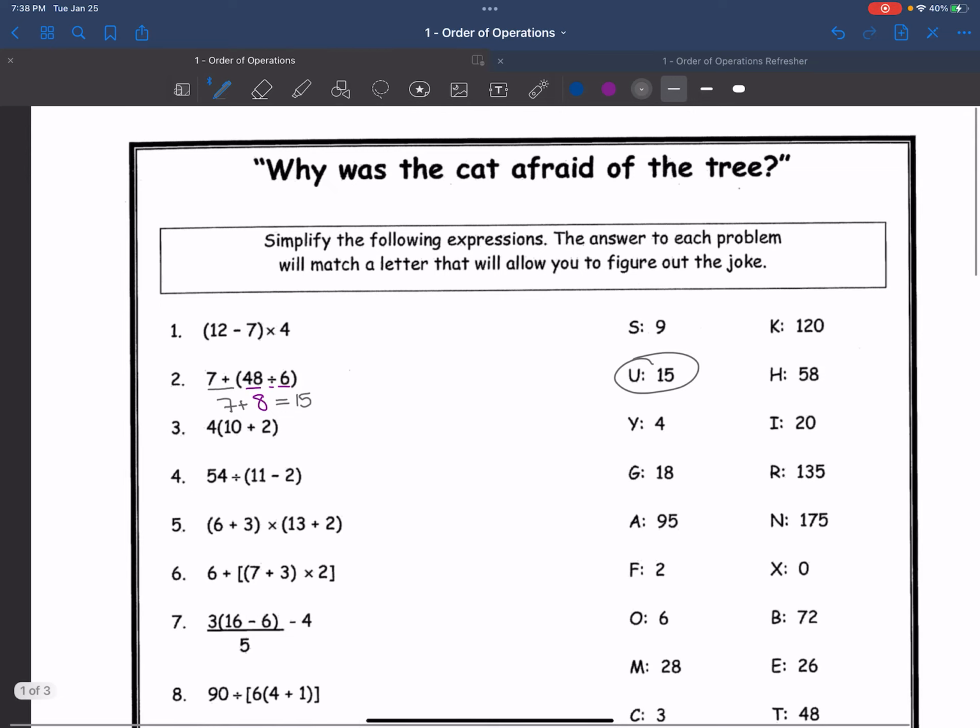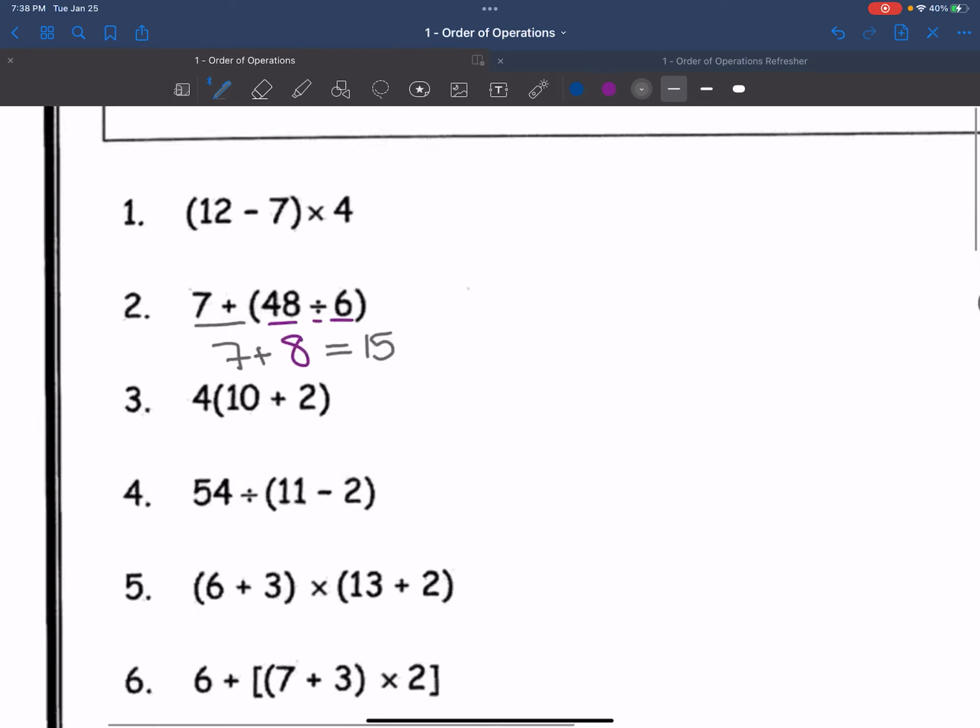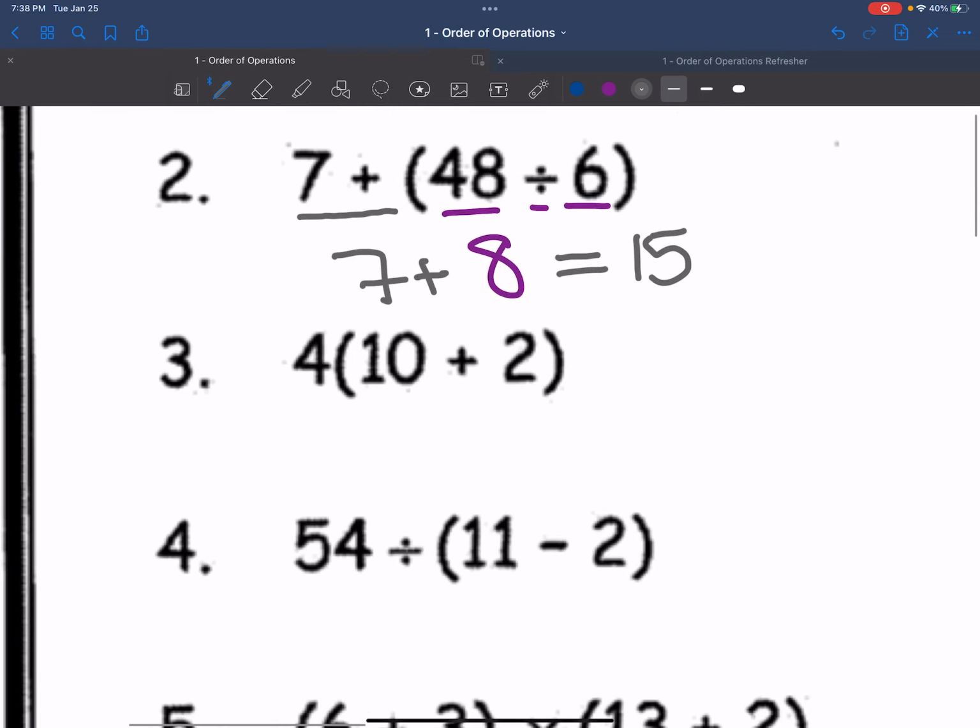Okay, the next one we're going to do together is going to be number 3, because this is a skill that's important for tomorrow. So we have 4 parentheses, 10 plus 2. Well, we do the parentheses work. 10 plus 2 is 12. So that 12 is now inside of the parentheses. So now we have 4 parentheses, 12. Well, remember, when there's a 4 next to a parentheses like this, remember parentheses is another way to say multiplication.